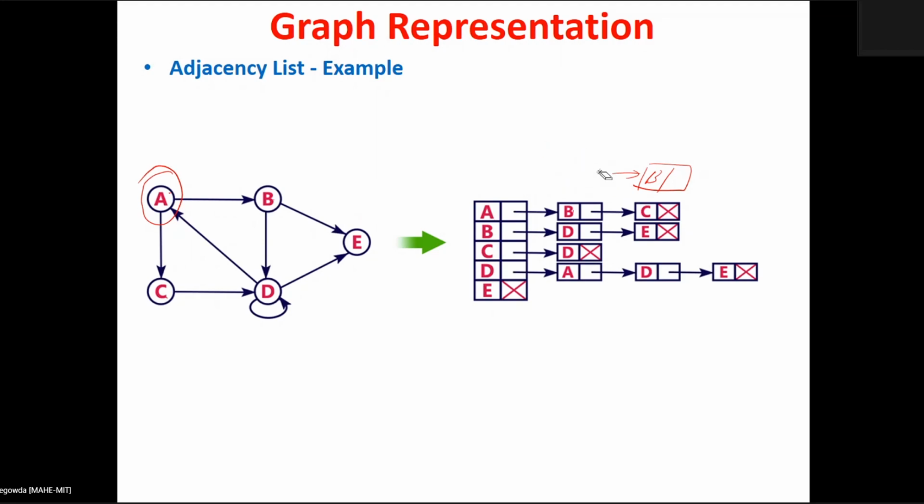Similarly for the next vertex, B, the linked list will be represented like this. We have a directed edge from B to D and B to E, so the list is B to D and then E. Similarly for C, we have only one directed edge, to D, so that list is C to D. And we have directed edges from D to A and D to E, so that list is D to A and then E. And E doesn't have any directed edge, so it is simply empty.